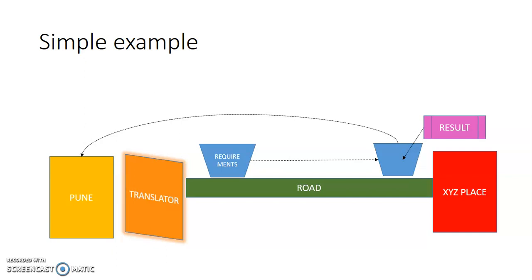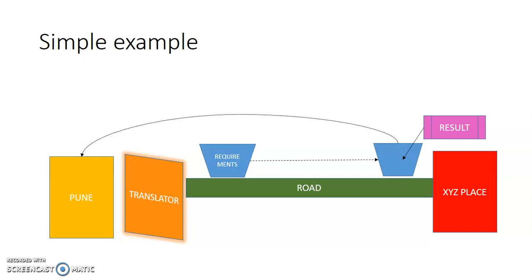I'll repeat again. See, I am at Pune. I speak English, Hindi and Marathi. These are the three languages. I came to know about a place called XYZ place where diamonds are very cheap, say 100 rupees per diamond, and I want to purchase 100 diamonds.